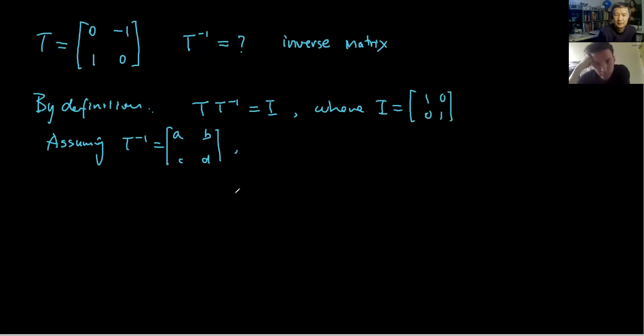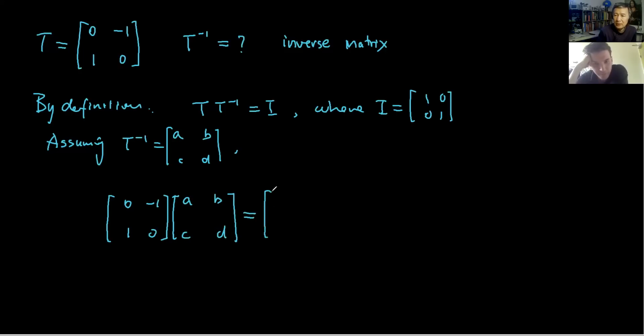So then we plug this into this equation. The first term is 0, 1, -1, 0. The second term is A, B, C, D. And the right-hand side is the identity matrix, 1, 0, 0, 1.